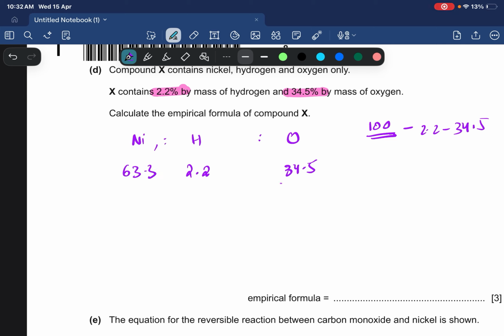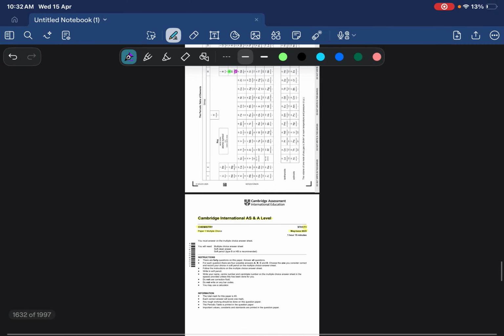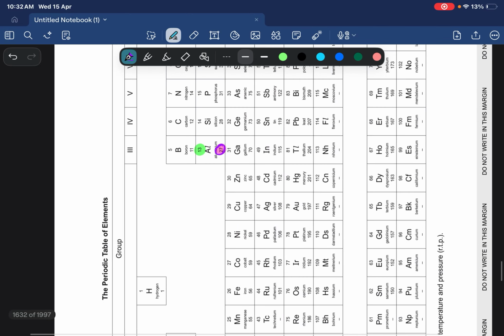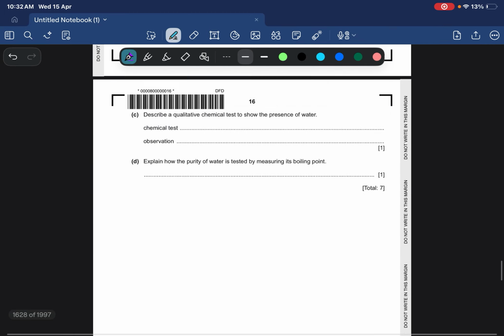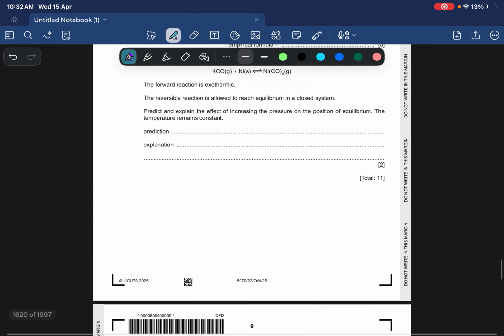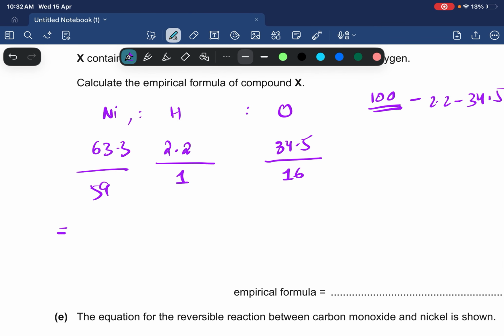Now what do you do? You find the moles. How do you find the moles? You divide them by their Ar. Oxygen is 16, hydrogen is 1, and nickel is, let's go down and find nickel. Nickel is 59. Don't mess it up by writing 28. I know people do this. Now when we divide them all, we get their moles. The moles for nickel is coming out to be 1.07, for hydrogen 2.2, for oxygen 2.16. Now you divide all of them by the smallest mole.